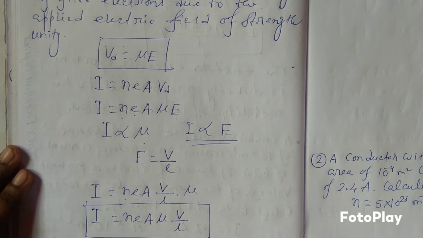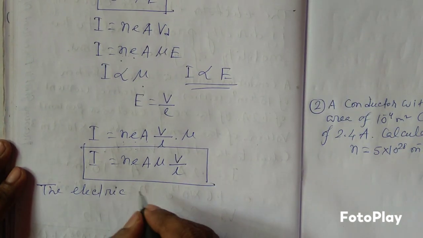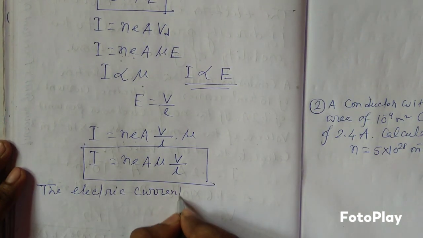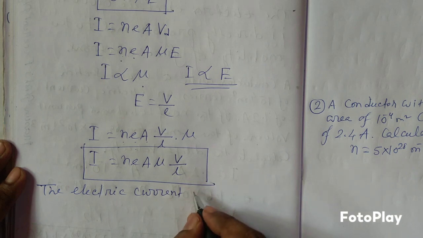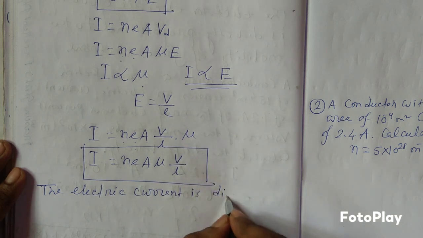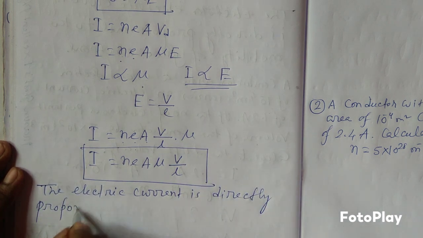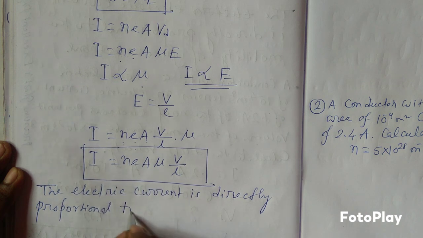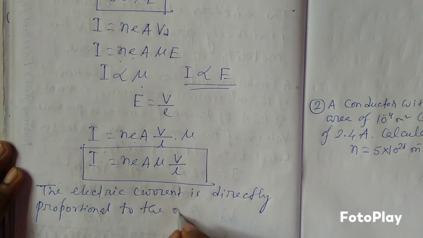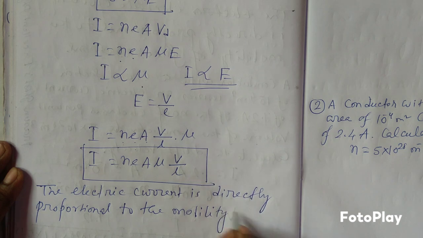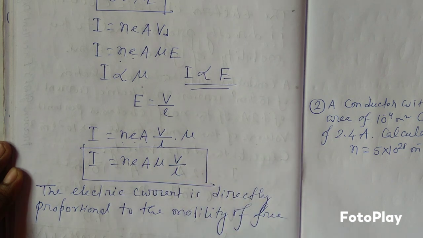So electric current is directly proportional to the mobility of free electrons.